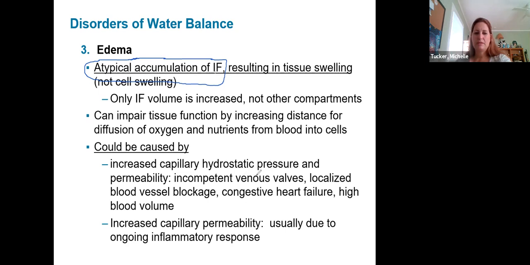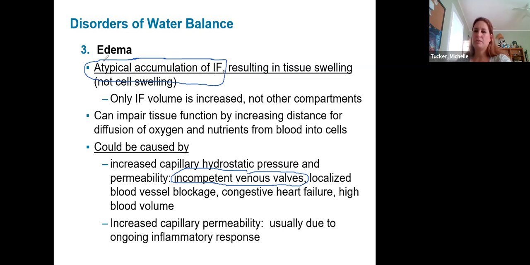This is usually due to incompetent venous valves, compromising venous return, sometimes congestive heart failure, an increase in hydrostatic pressure, which would be high blood pressure, sometimes inflammation. But edema is categorized by atypical accumulation of interstitial fluid.